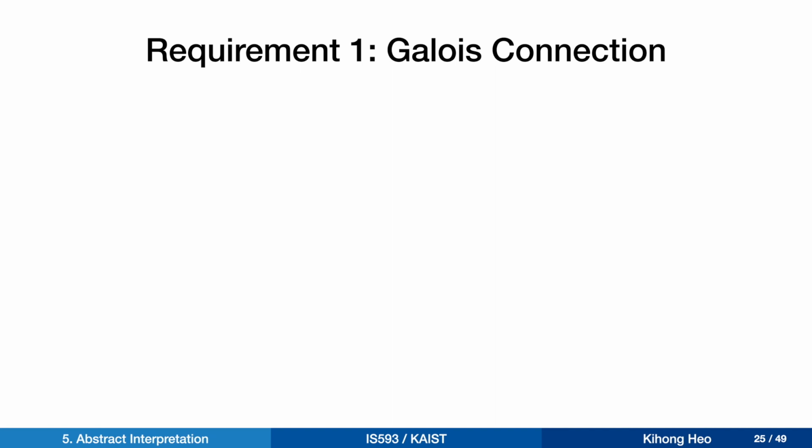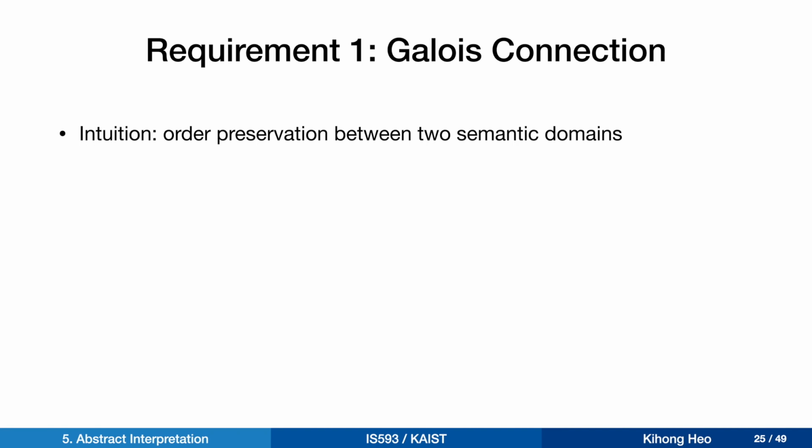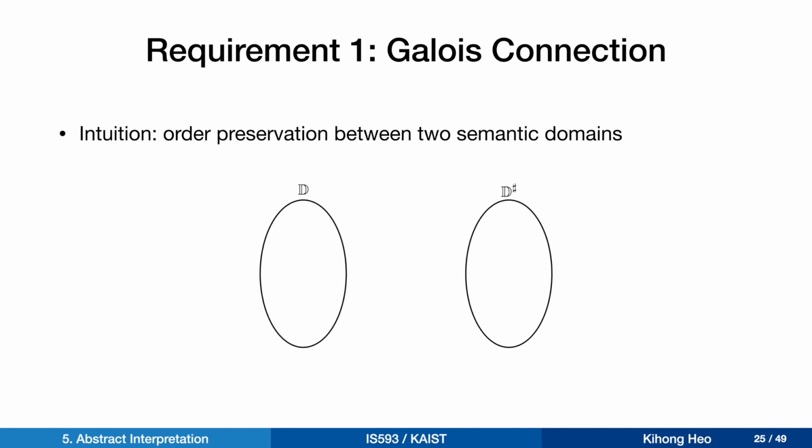The intuition of Galois connection is that if two domains are Galois connected, then the order between two elements is preserved across the domains. Let's take a look at this figure. Suppose we have two domains, the concrete domain and the abstract domain.